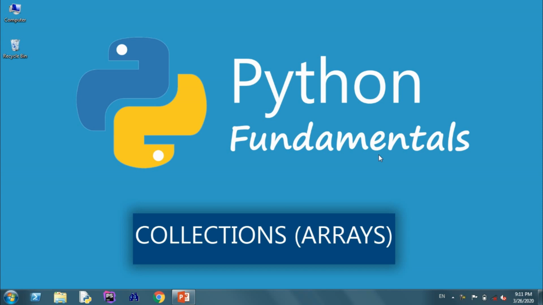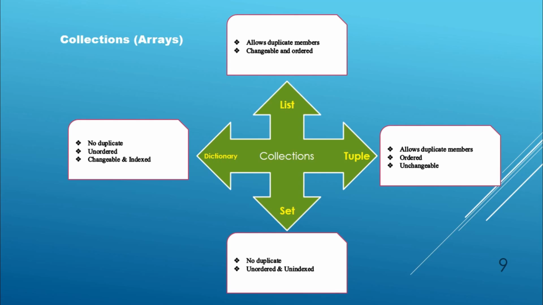In this session we will learn about collections in Python. So what are collections in Python? If you are familiar with arrays in other programming languages like C#, C++, Java or JavaScript, collections are the same as arrays.